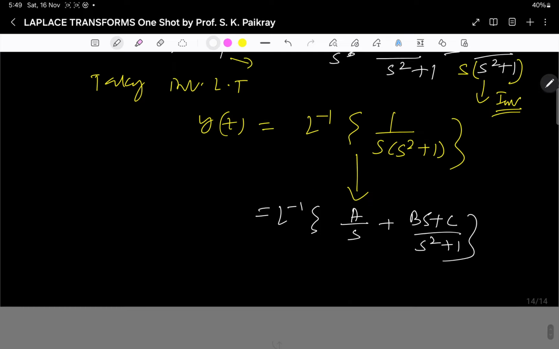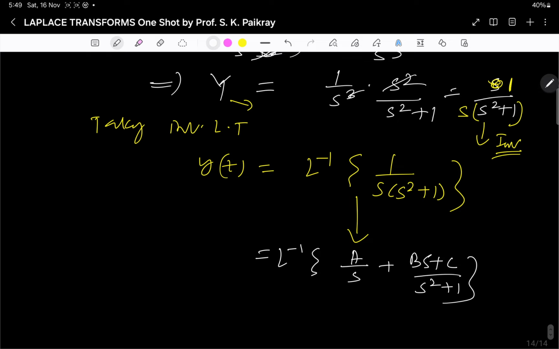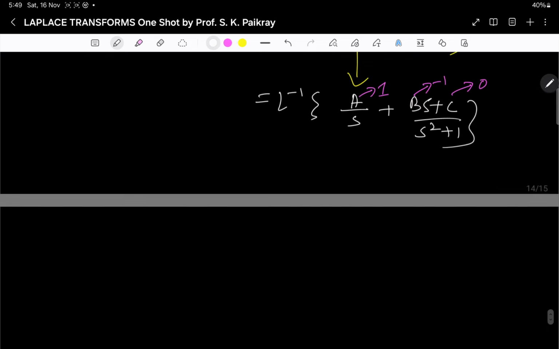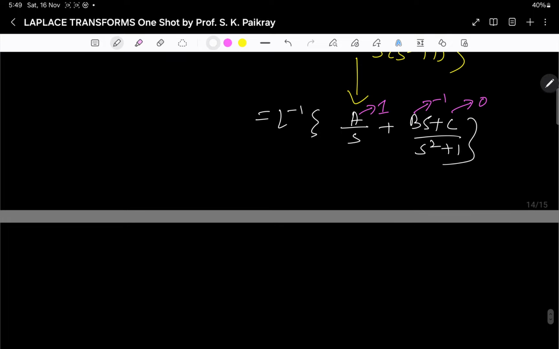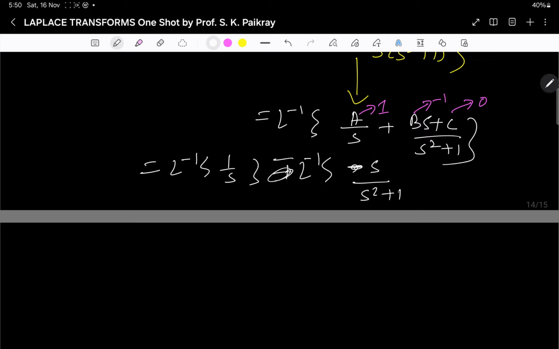Okay, so you get the values of A, B and C. If you simplify it, you will get A is 1. So that will be L inverse of 1 by s plus L inverse of minus s by s square plus 1. So this is 1 and this is simply cos t.